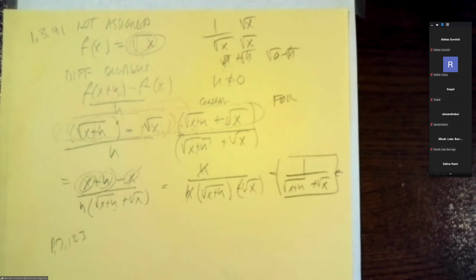Let's see what that looks like here. P7 123 was not an assigned problem. Before I do that, is there anybody else that has any problems that were assigned?